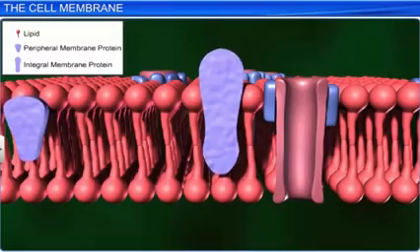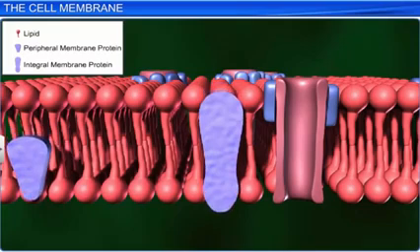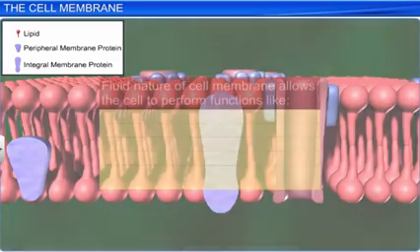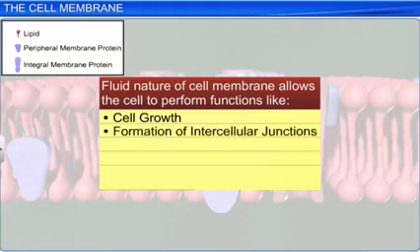This quasi-fluid of almost fluid-like nature allows proteins to move laterally within the bilayer, and this ability of the membrane to allow the movement of molecules within it is referred to as membrane fluidity. The fluid nature of the membrane also allows the cell to perform important functions such as cell growth, the formation of intercellular junctions, secretion, and cell division.